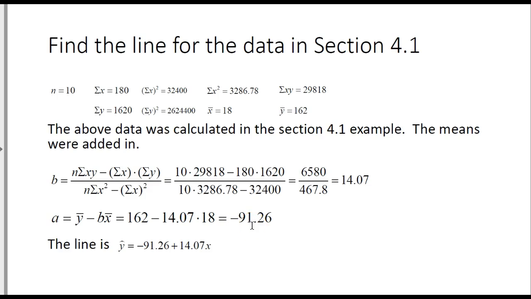So that's not really realistic for this particular example, but it does give us a starting point. So if I plug in that a and b into my line equation, I get that the line of least squares is negative 91.26 plus 14.07x.